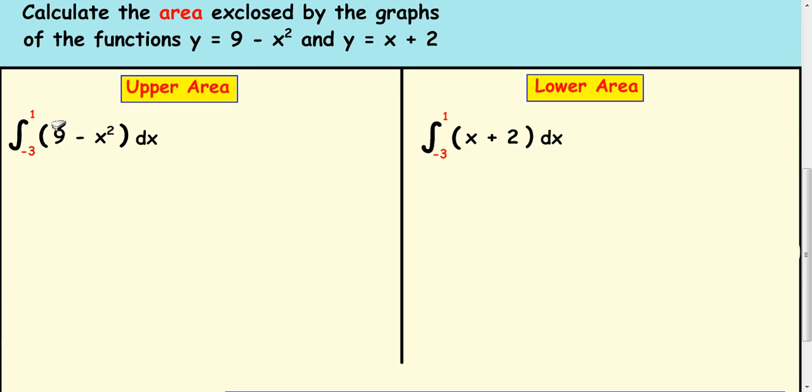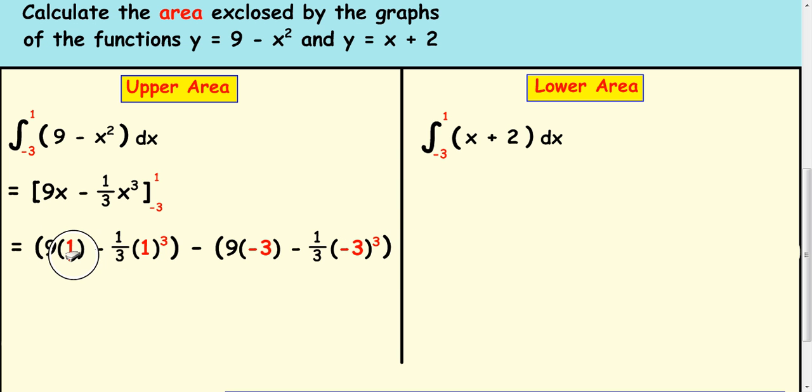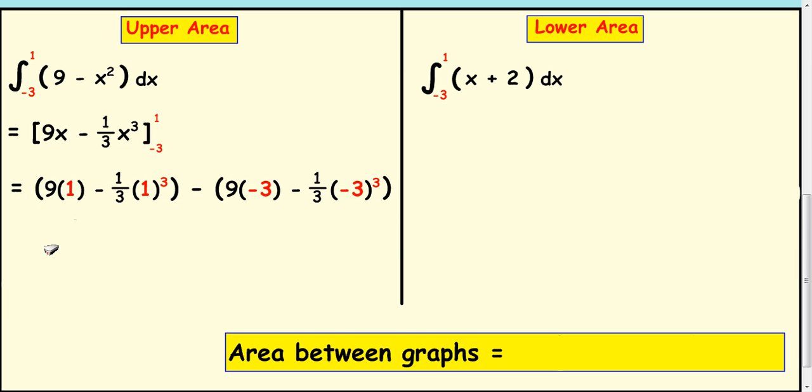So integrate 9 minus x squared, so the 9 is going to go to 9x, the x squared, add 1 to the power to get 3, that's a third x cubed. Sub in the 1 to both bits, do a takeaway, and then substitute in the -3 to both parts. And that's going to come out looking like that. So 9 times 1 is 9, 9 take away a third, so that's going to be 8 2/3.